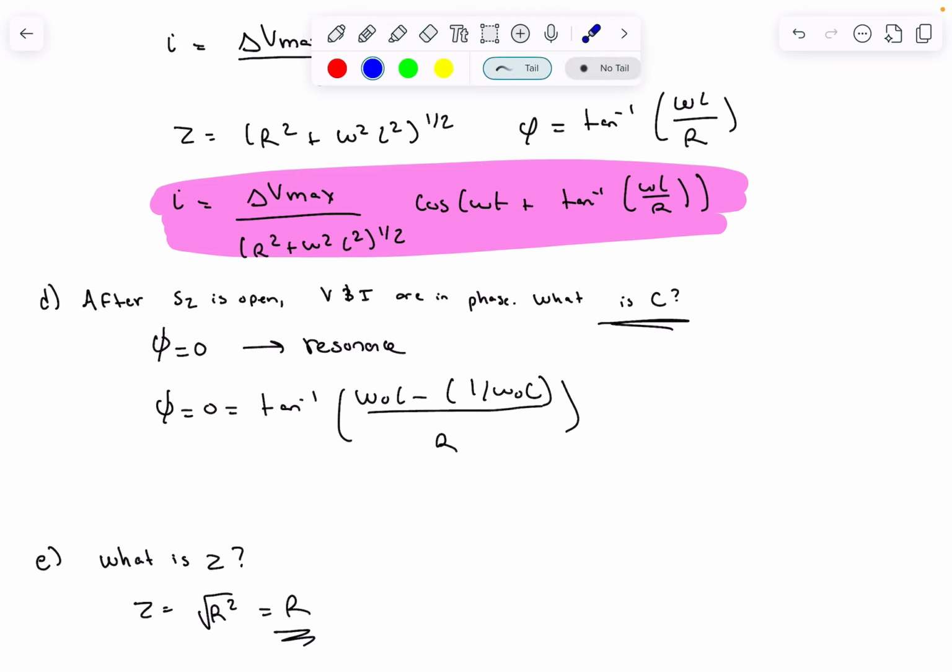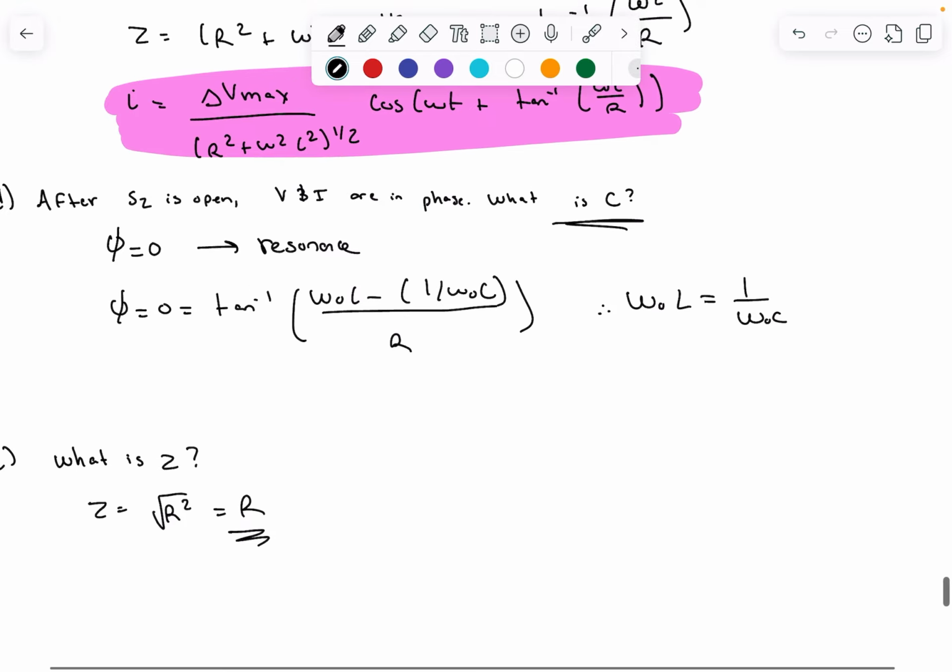For this to happen, this numerator has to be equal to 0 as well. So that means omega naught L has to be equal to 1 over omega naught C. This is just saying that XL is equal to XC.